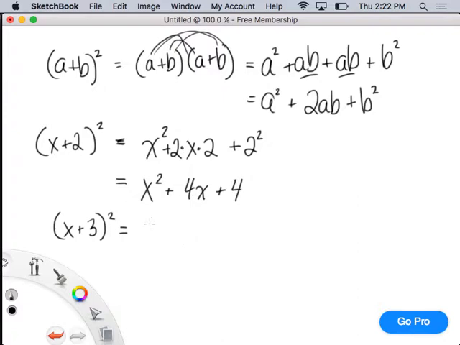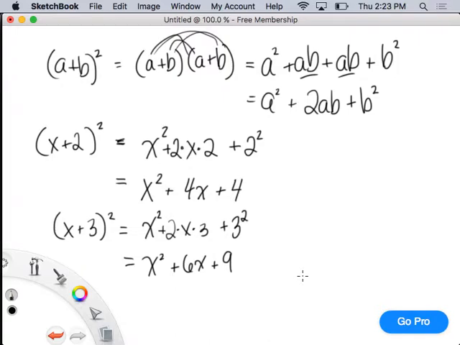I square the first, so it's x squared. Square the last, so it's 3 squared. Then multiply and double, so that's the doubling. Then I multiply together x times 3. And I get x squared plus 2 times 3 is 6x plus 3 squared is 9. You guys see that?